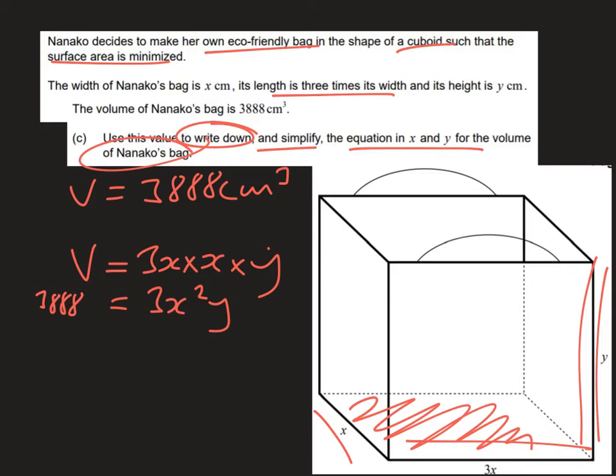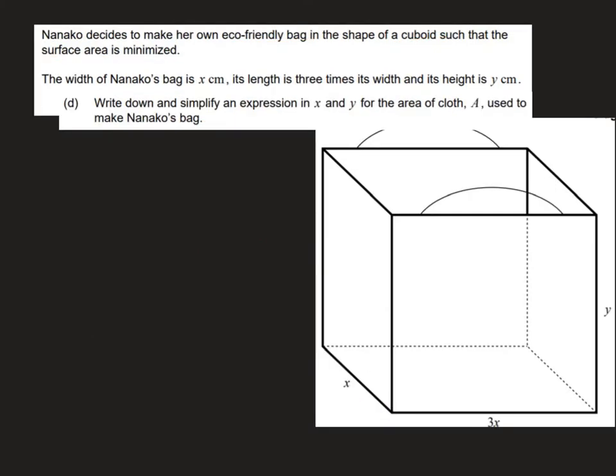So if we divide both sides by 3, our expression is going to be x squared y equals 1,296.